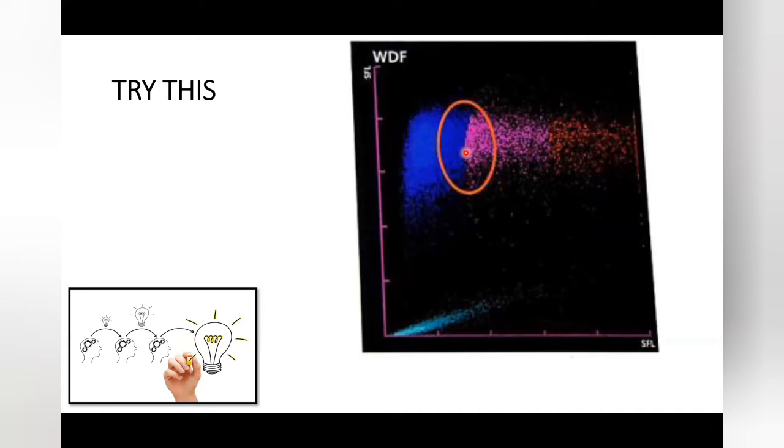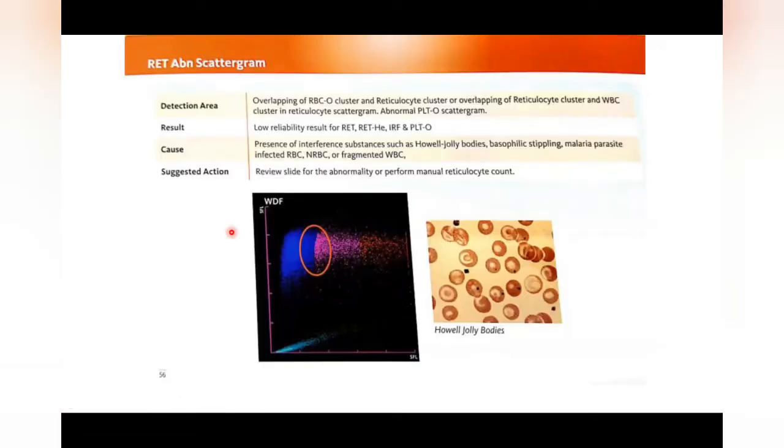This is reticulocyte which is given, but can you see the RBC and the reticulocyte cluster are just juxtaposing with each other? They are just connected to each other. It looks like they're stuck to each other, isn't it? So whenever you look at this overlapping of RBC cluster with the reticulocyte cluster, this basically makes you think of some abnormality on the smear, and usually there is some interfering substance.